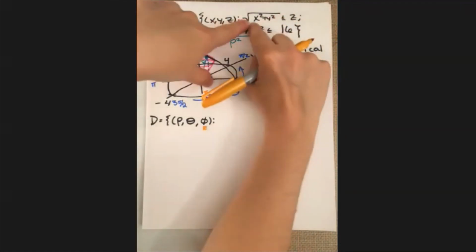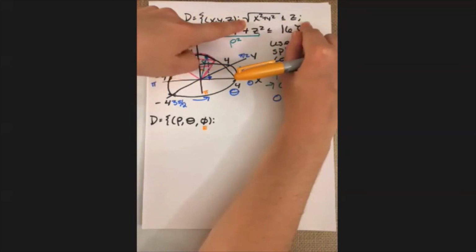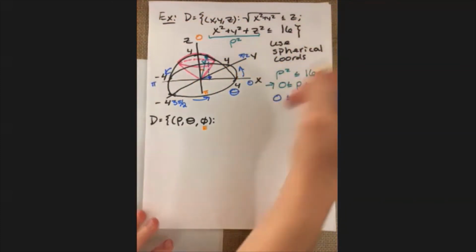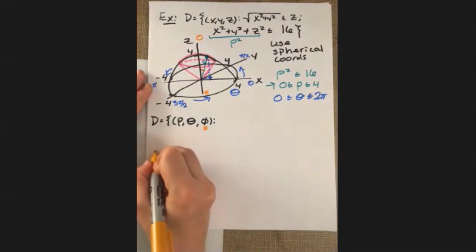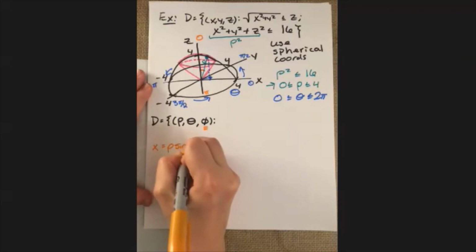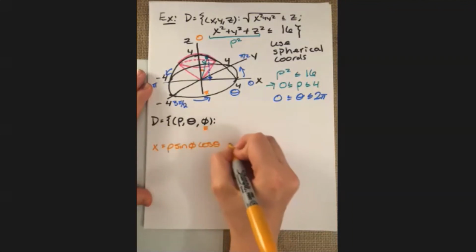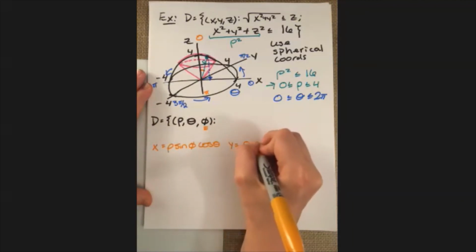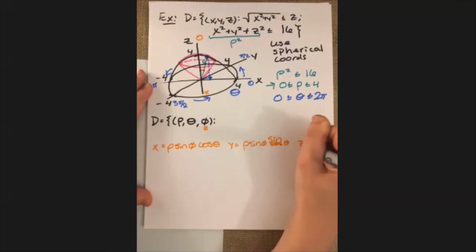There's one piece of information we haven't used yet. So that's what we're going to do next. We recall that x was equal to rho sine phi cosine theta. y was equal to rho sine phi sine theta. And z is equal to rho cosine of phi.